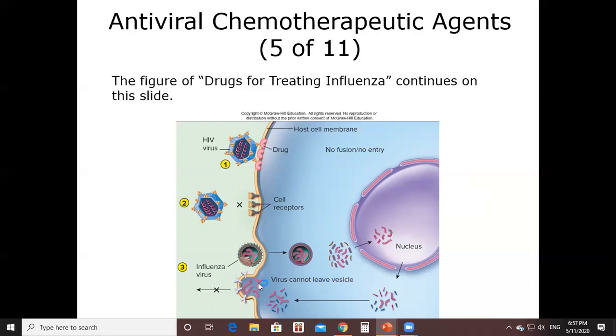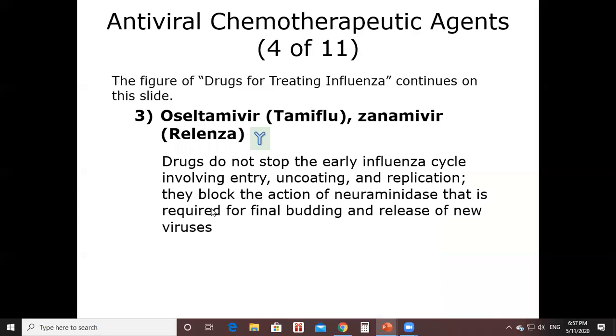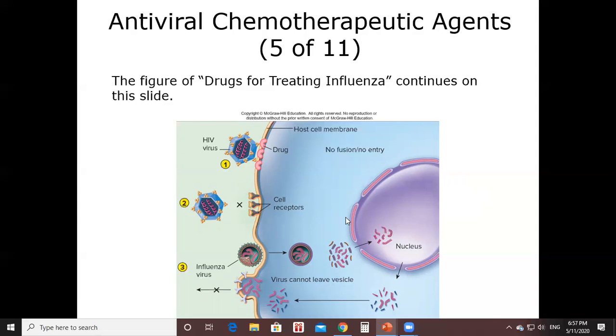But with this particular drug, it prevents the budding. So that's this one here that we talked about, this Tamiflu. It blocks the action of neuraminidase as required for final budding release of new viruses. So that's where it prevents. So this virus cannot leave.